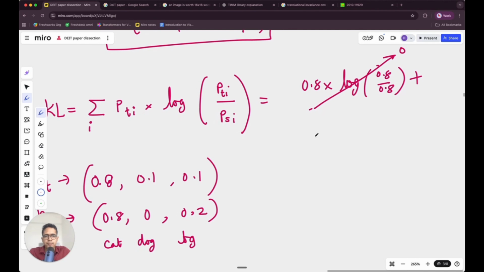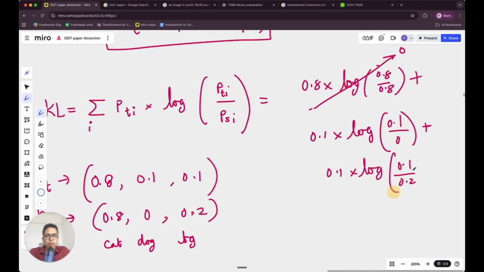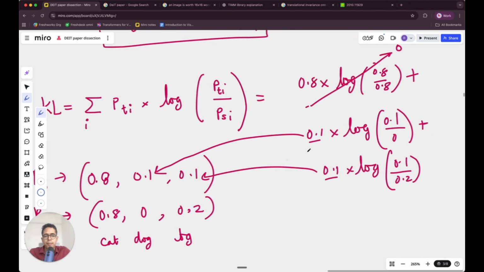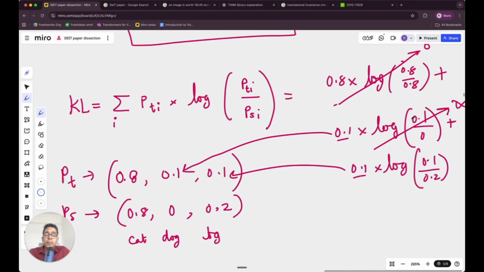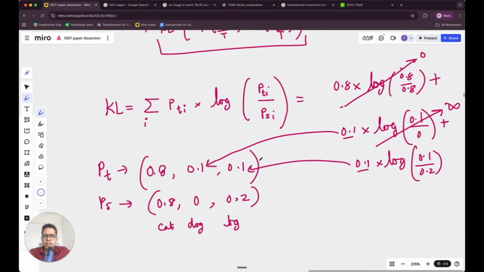Next should be 0.1 multiplied by the logarithm of 0.1 by 0, plus 0.1 multiplied by the logarithm of 0.1 by 0.2. So this 0.1 is the one for the teacher, PT. Now you see this value is going to blow up, because the logarithm of a huge number is a huge number. So why is this big error coming? And this is an extreme case, right?